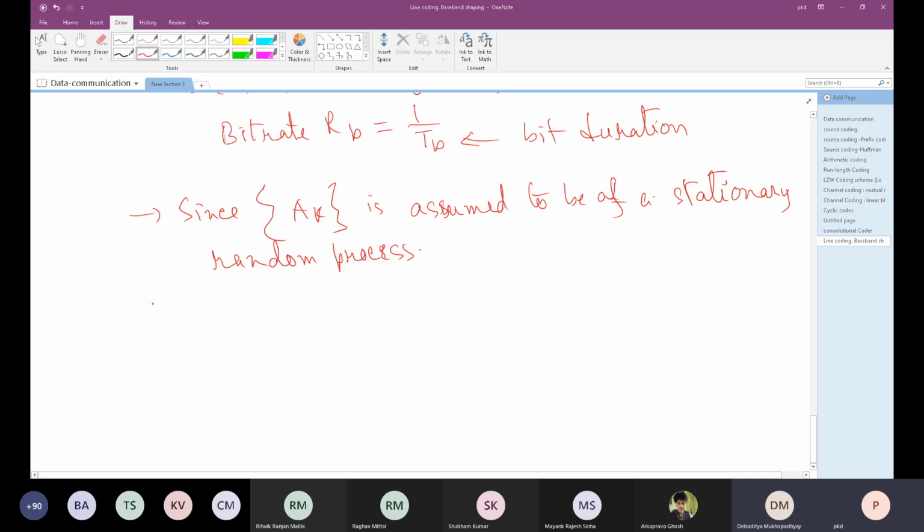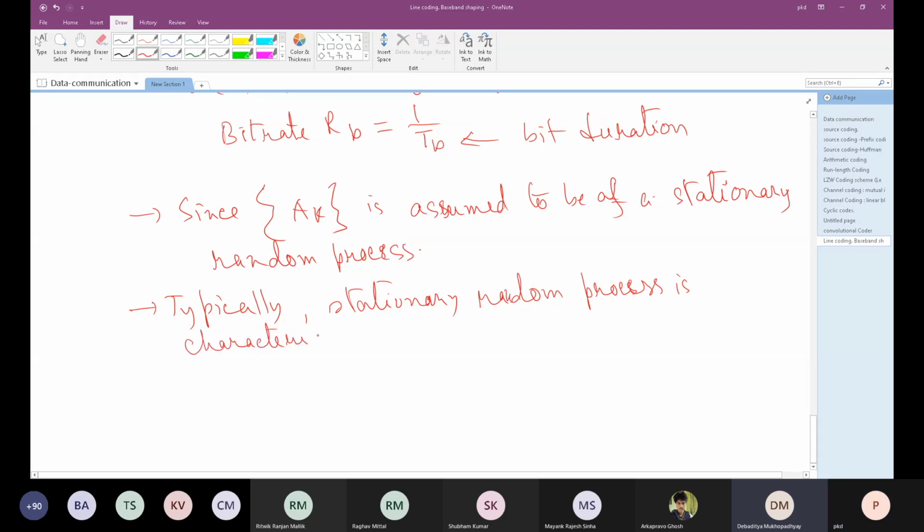So typically, a stationary random process is characterized by its average autocorrelation function.